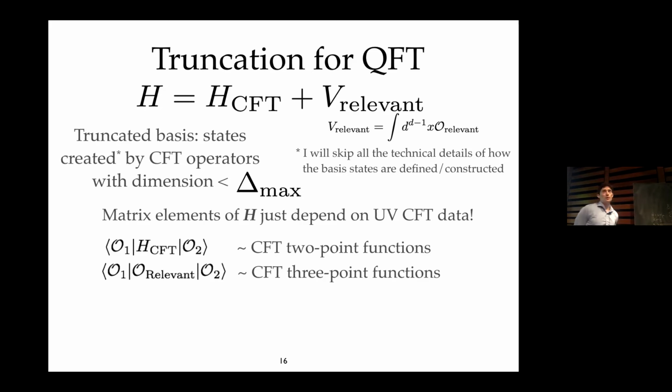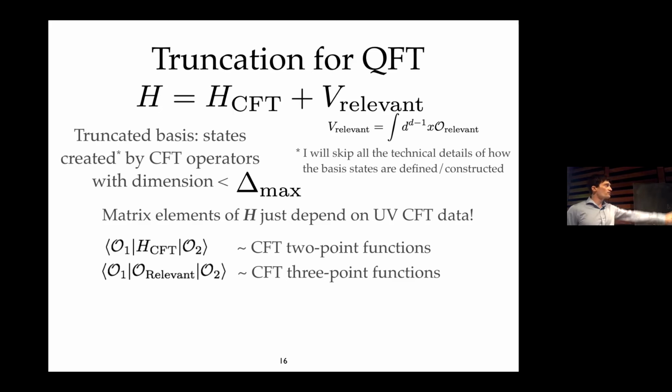When we talk about the CFT data, what we're talking about is the 2-point functions and 3-point functions of the CFT. That's what we normally refer to as the CFT data. And you can see that that's enough information to get the matrix elements of the Hamiltonian. The CFT part is basically like a 2-point function, the CFT Hamiltonian matrix elements.